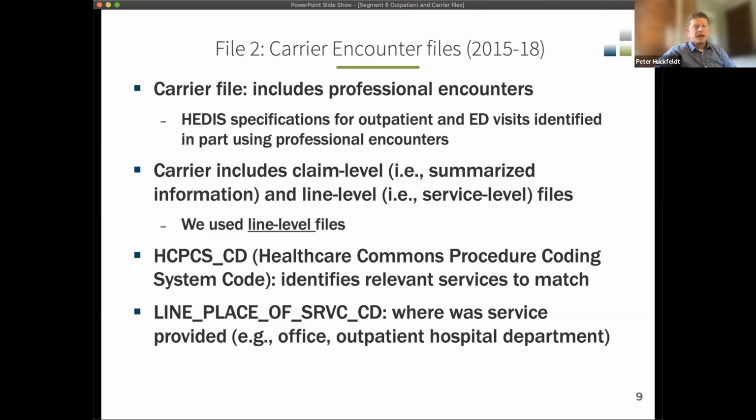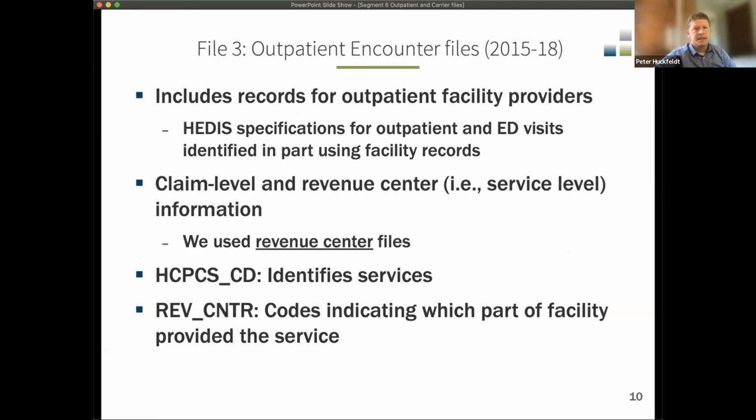Okay, and then the third file we used was the outpatient encounter files. The outpatient encounter files include records for outpatient facility providers, be it a hospital outpatient department, an emergency department, an ambulatory surgery center, et cetera.